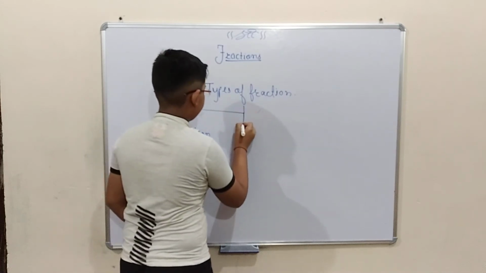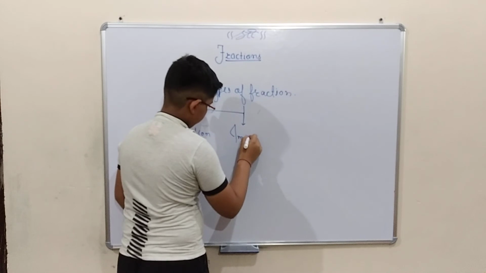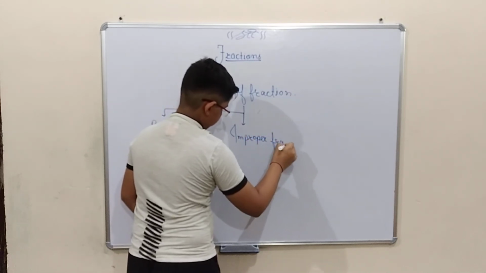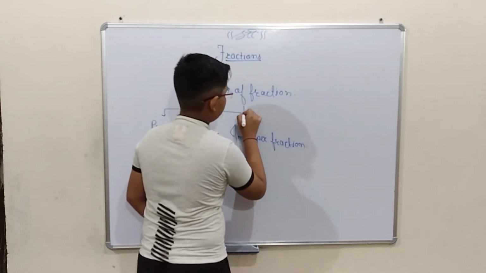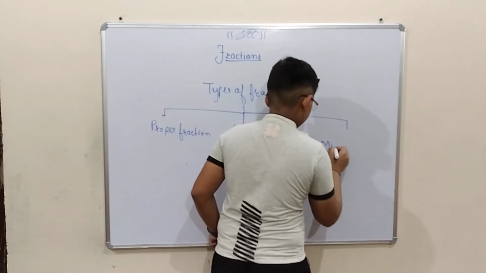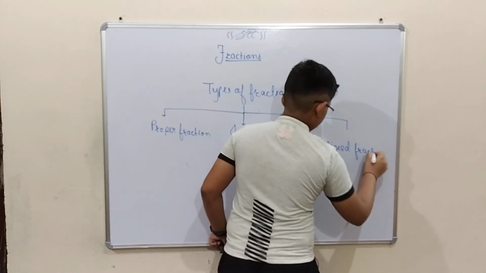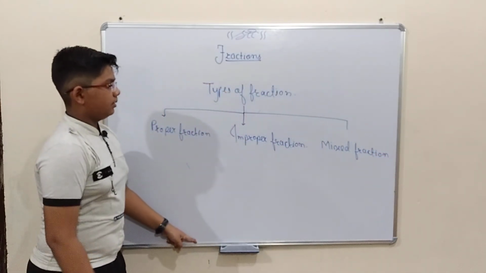Next is improper fraction. And the third type of fraction is mixed fraction.